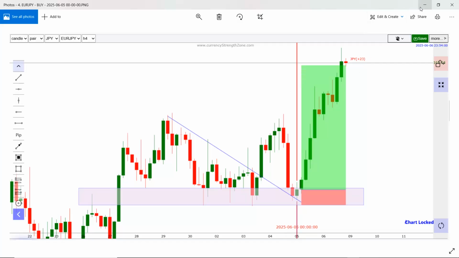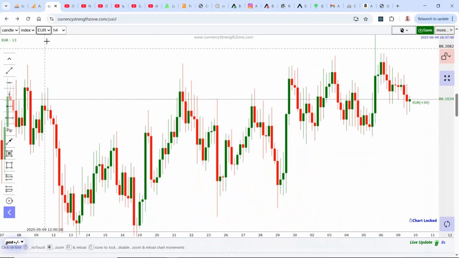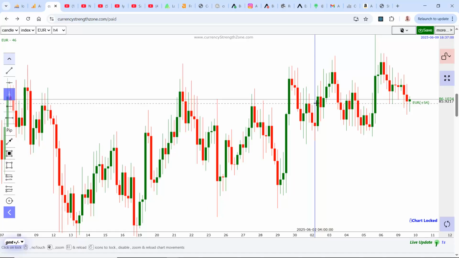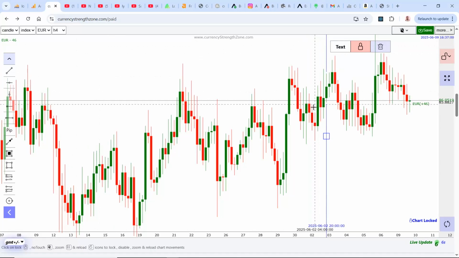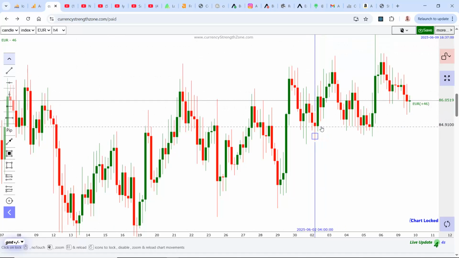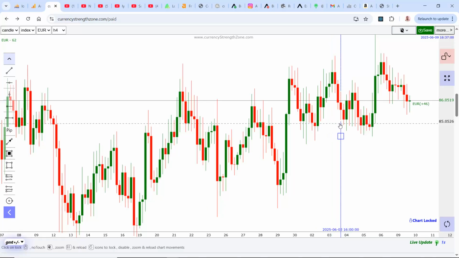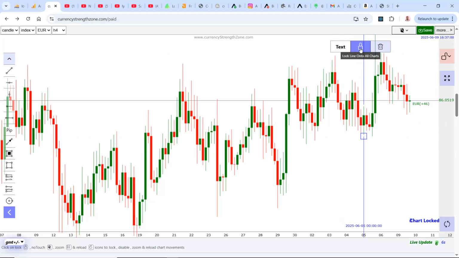So let's mark it on the 4 hour chart, July 5th. Okay, let's lock it onto our chart. Right, we lock it onto our chart. So let's see.